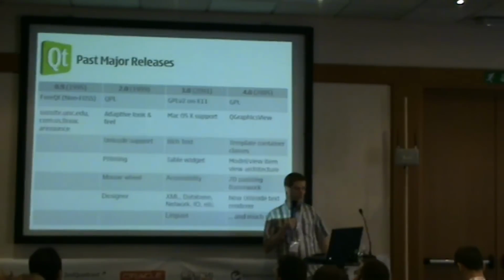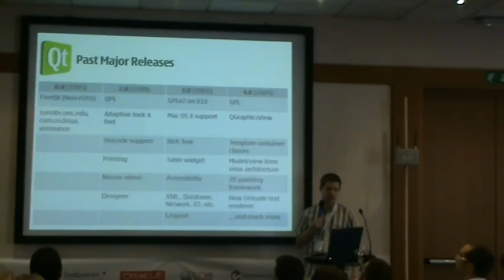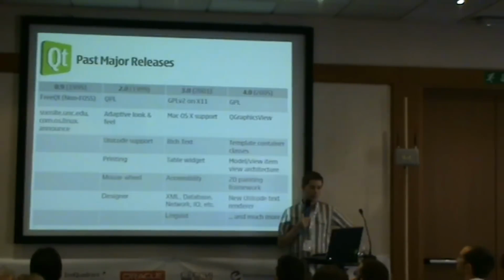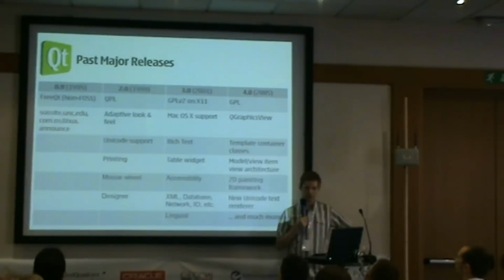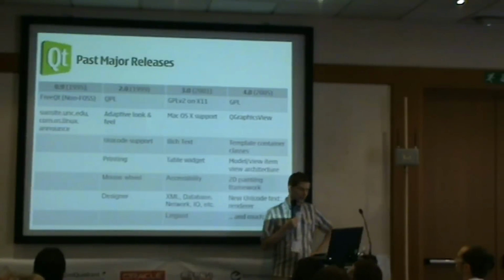So it happened. The first release took a few years, so it was 0.9, which was in 1995. At that time it was not an open source license, and since the web wasn't really prevalent at the time, it was released on an FTP server and announced on Usenet News.